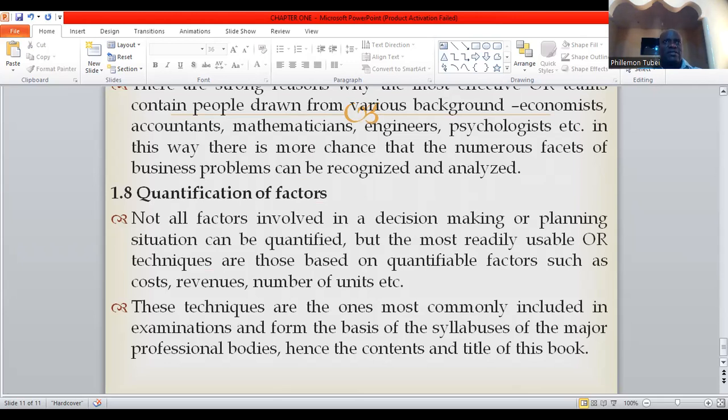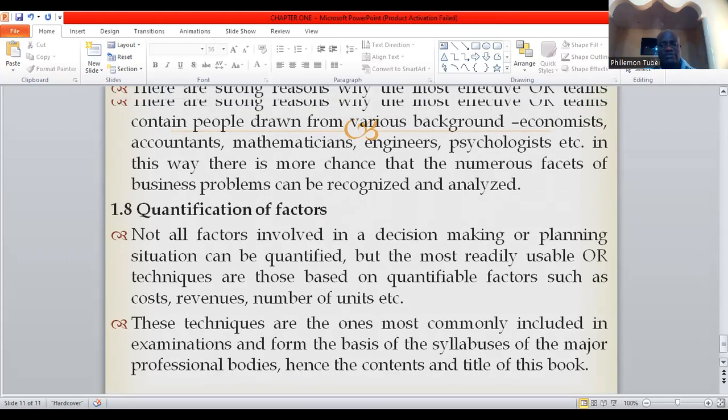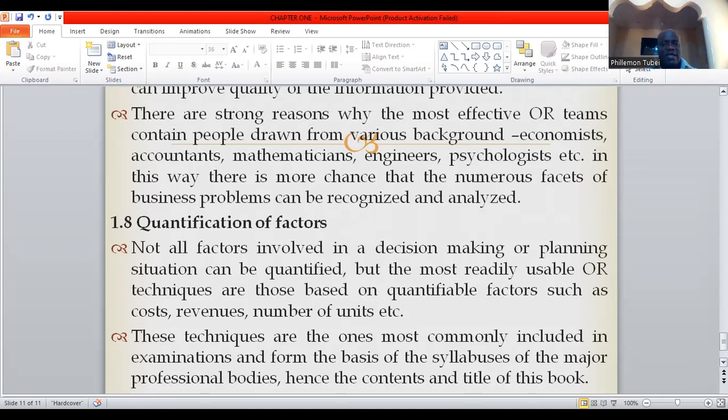So I'm saying that not all factors involved in a decision-making or planning situation can be quantified, but the most readily usable operation research techniques are those based on quantifiable factors such as costs, revenues, number of units, etc.